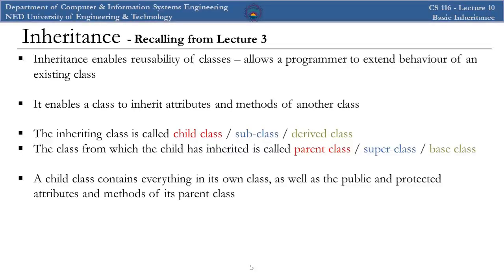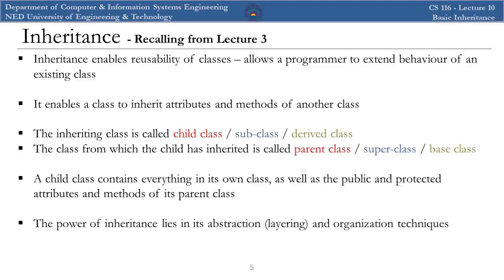Okay, then a child contains everything in its own class, and it also contains all the public and protected attributes and methods of its parent class. Only private attributes and methods of the parent class cannot be accessed by a child class. And we also saw a comprehensive example over there which shows how we can arrange the code in layers, right?